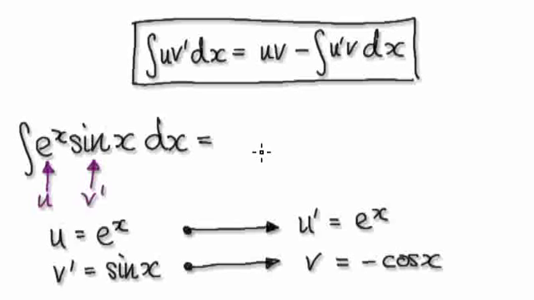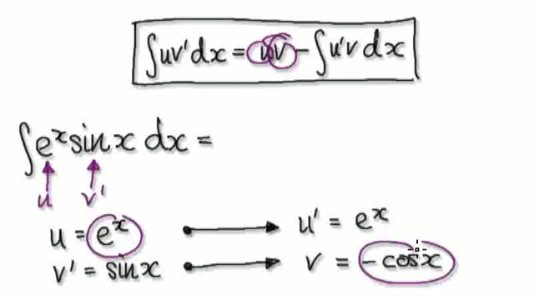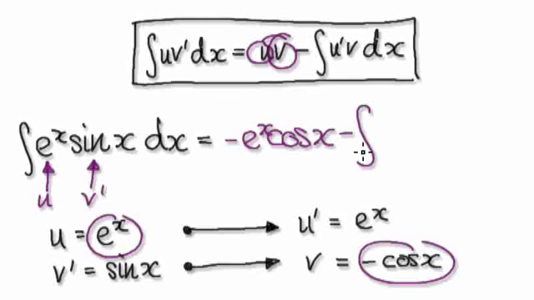So follow the same process again. Looking at this, u times v would be negative e to the x cos of x, and then you've got your minus the integral of u prime.